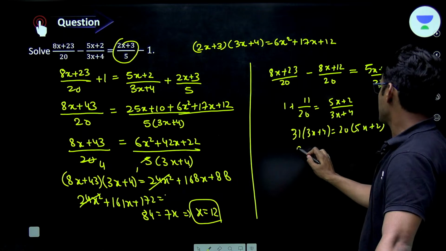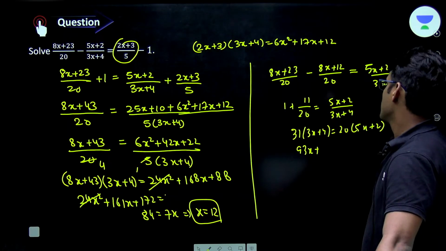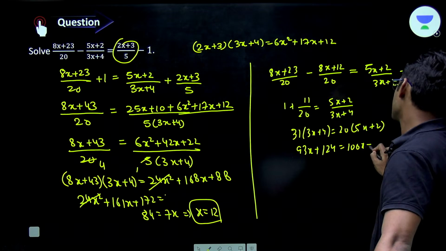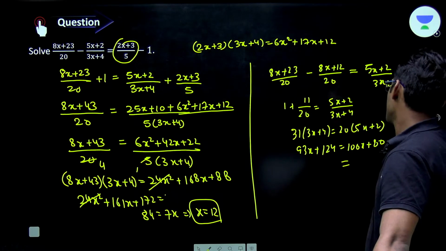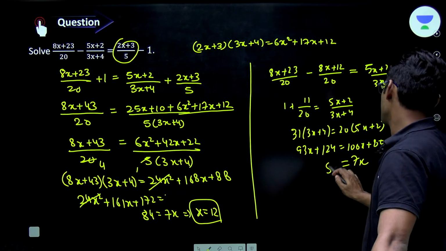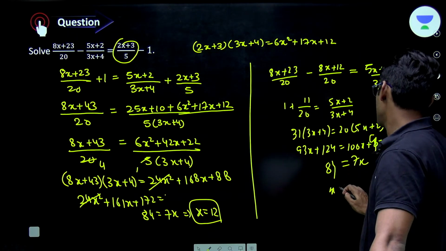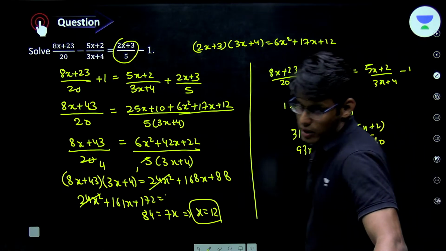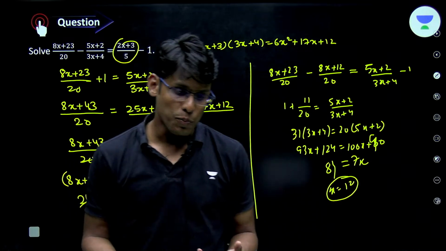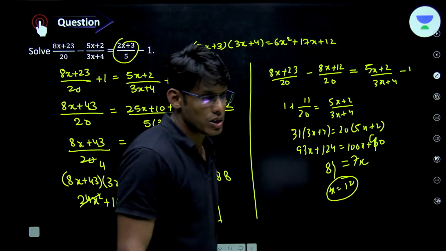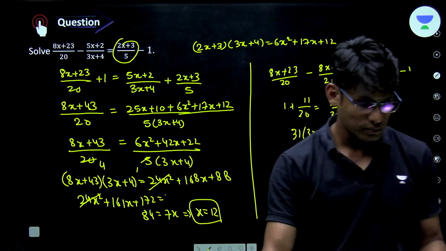You have 93x here plus 124. 100x plus 80. You have 7x equal to 84, again 40, sorry. So x equal to 12. This is an alternate method. Like I said, in these problems, manipulation is going to be the important thing.